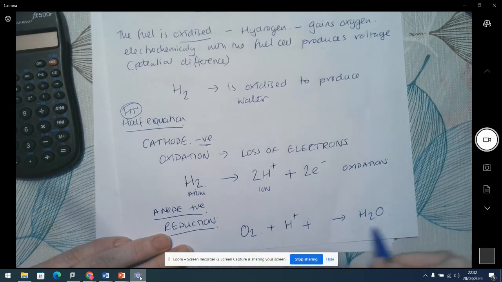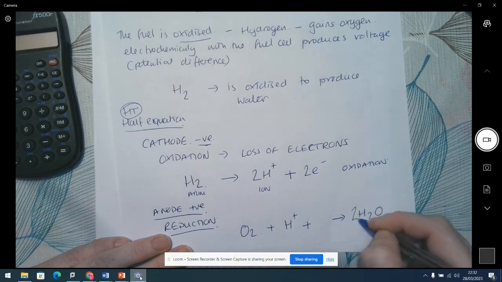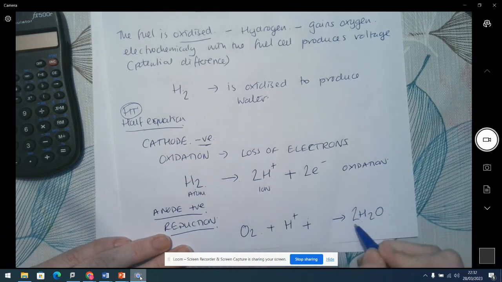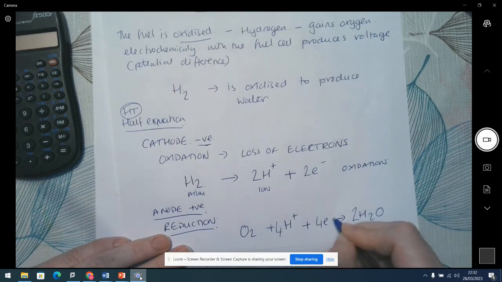So let's just balance this equation. I can see I've got 2 hydrogens, 1 oxygen. I've got 2 oxygens over here, so I need 2 of those. That then means I've got 4 hydrogen atoms, so I need 4 hydrogen ions. So it's going to have to gain, in total, 4 electrons back.